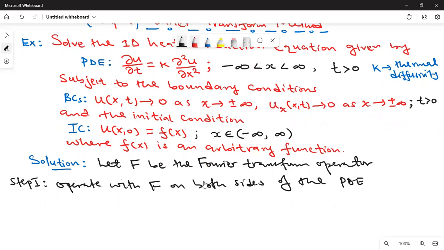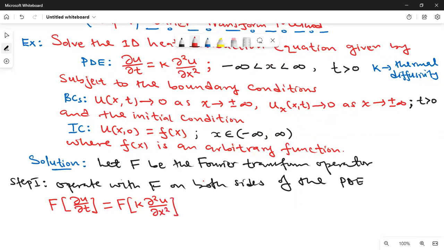So what are we going to get? You write the Fourier transform of partial u partial t equals the Fourier transform of k, which is a constant, times the second partial derivative of u with respect to x twice.